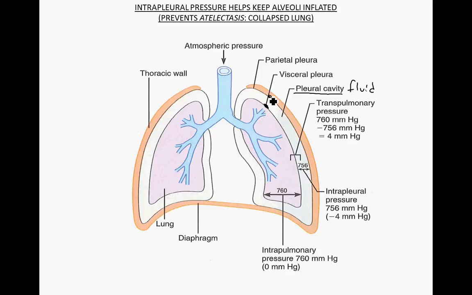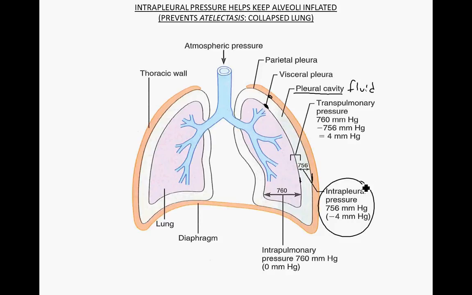Right? This fluid that's here is helping to keep the lung inflated. Right? So it's essentially sticking this membrane to the membrane that's attached to the wall there. So this intrapleural pressure is keeping that lung inflated here.